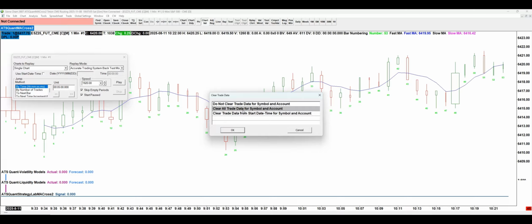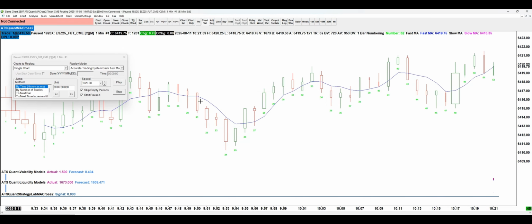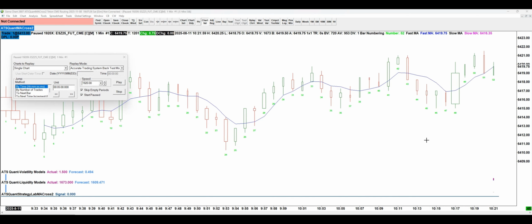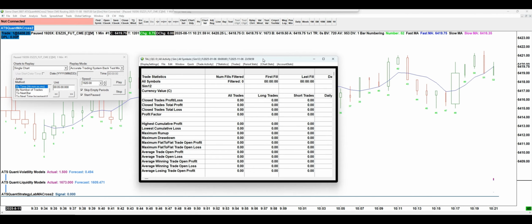This is simply going to delete prior backtest statistics because we want to look at our trade activity log to see exactly how our backtest performed, and we only want to review this current backtest. So we're going to click OK, and then for our trade activity log, we could just click trade, scroll down to trade activity log, and that's going to bring this over.